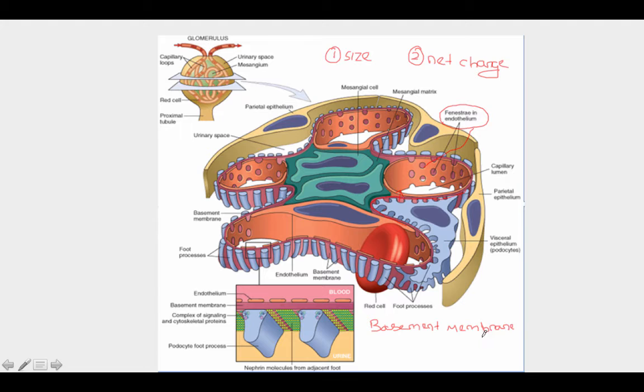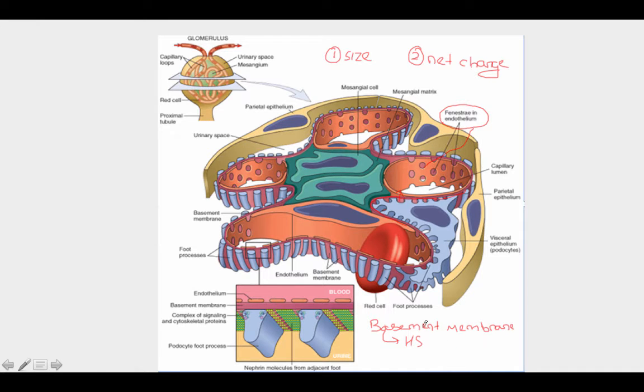Now, what the basement membrane is, it's made of something called heparan sulfate, which is a negatively charged molecule. And because proteins are also negatively charged, this repels proteins from moving into the ultrafiltrate because of negative charge repulsion.